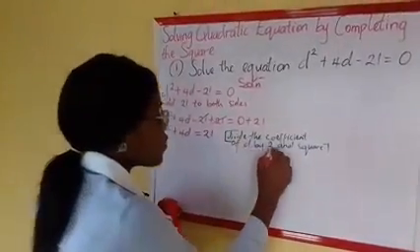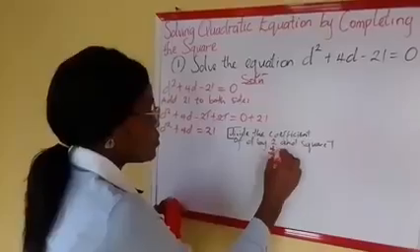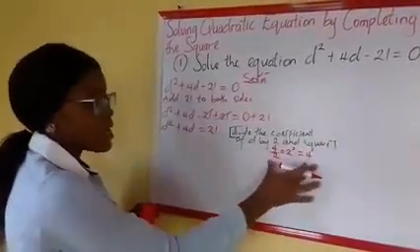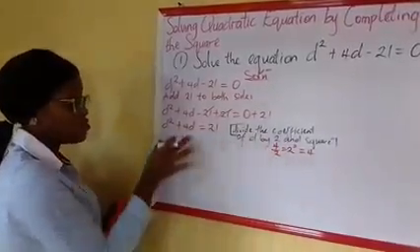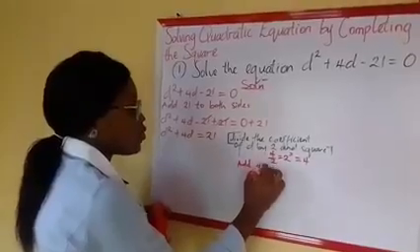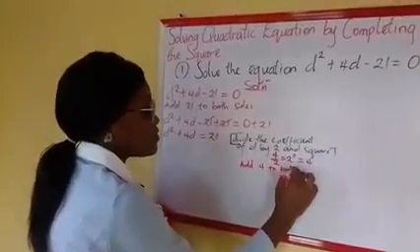Okay, so we have 4 divided by 2 is equal to 2, now when you square it, you have 4. The answer you got, you add it to both sides. Add 4 to both sides.